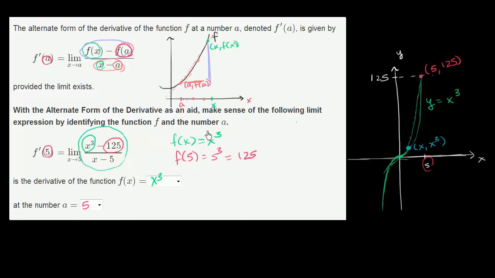And as we take the limit as x approaches 5, so right now this is our x, as it gets closer and closer to 5, these secant lines are going to better and better approximate the slope of the tangent line at x equals 5. So the slope of the tangent line would look something like that.